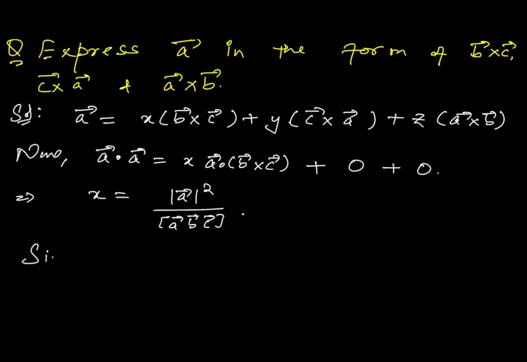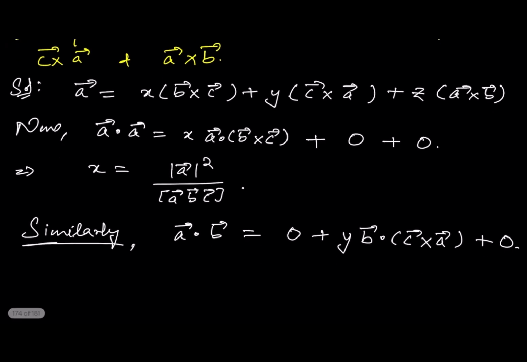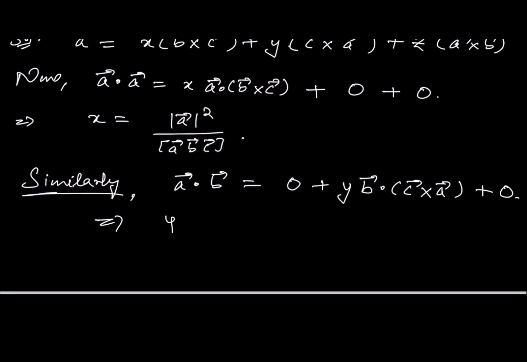Similarly, A dot B is equal to 0 plus y times B dot C cross A plus 0. So from here y will be A dot B on box of BCA, which is box ABC because order is not disturbed.